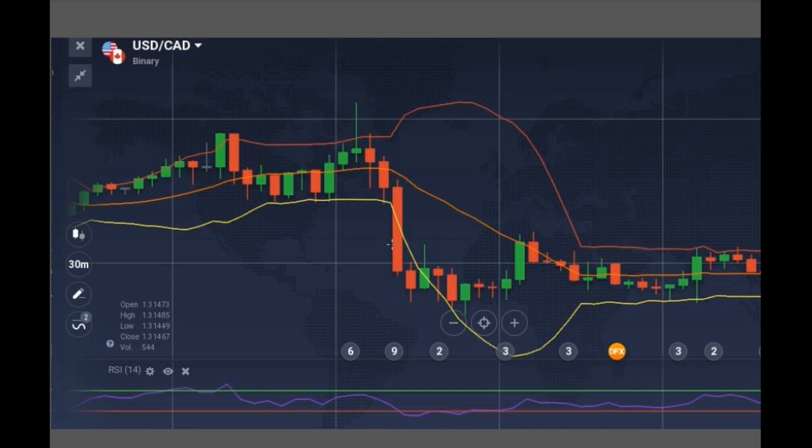Okay, and now you want a corresponding close outside the 30, because in a downtrend you are not using 70 this time, it's 30. 30 is the lower level of the RSI, which is considered oversold. So you want a cross from top to bottom. You want a cross below the 30 oversold RSI level.